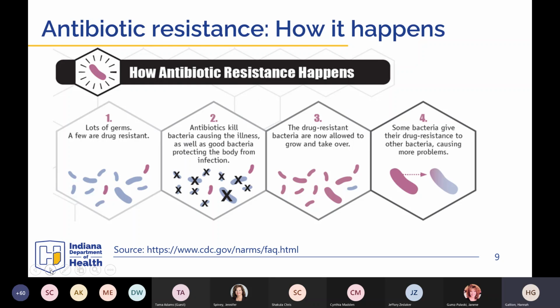This slide is just a visual representation of what we just discussed. Steps 2 and 3 show intrinsic resistance or vertical gene transfer, depending on the natural resistance of the organism. Step 4 shows the horizontal transfer from one bacteria to another.